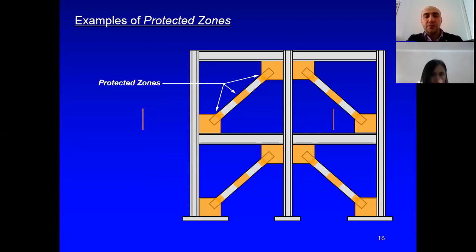For this system, very large inelastic strains are expected in the middle portion and at the ends of the brace, as braces go through cyclic buckling. Consequently, these regions are also designated as protected zones.